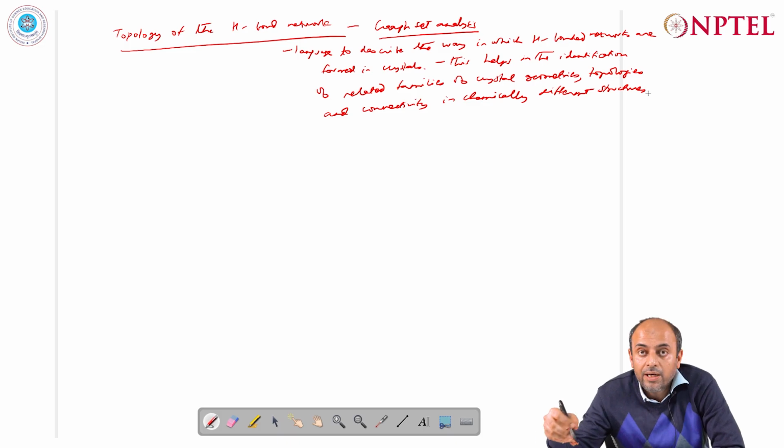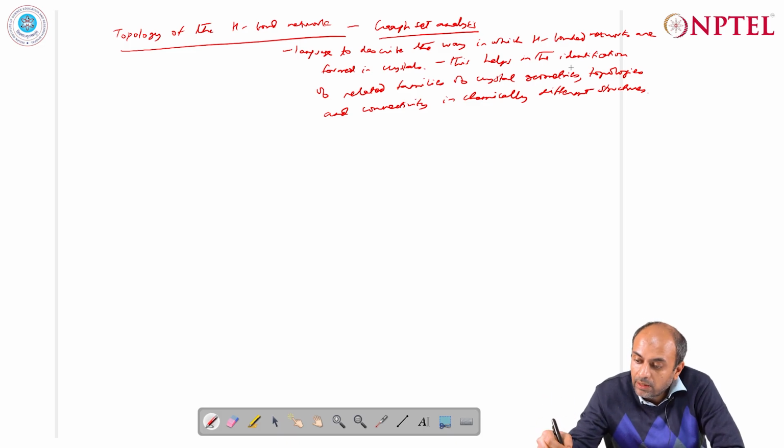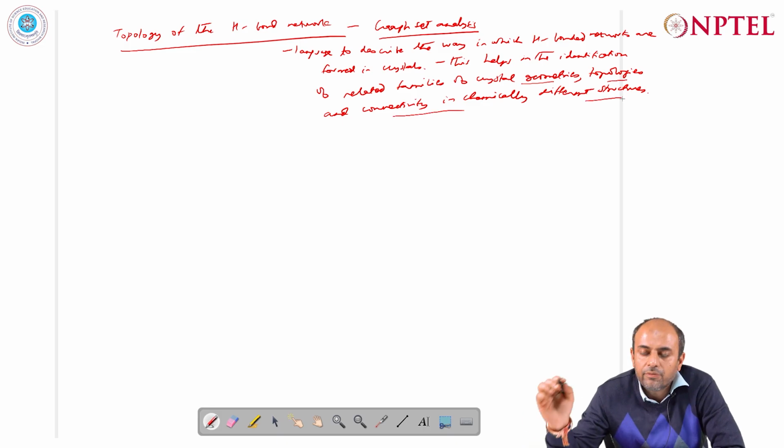So once you have the hydrogen bonded network, we can now identify these hydrogen bonded networks in related families of different crystal geometries, topologies, and connectivity in different structures.